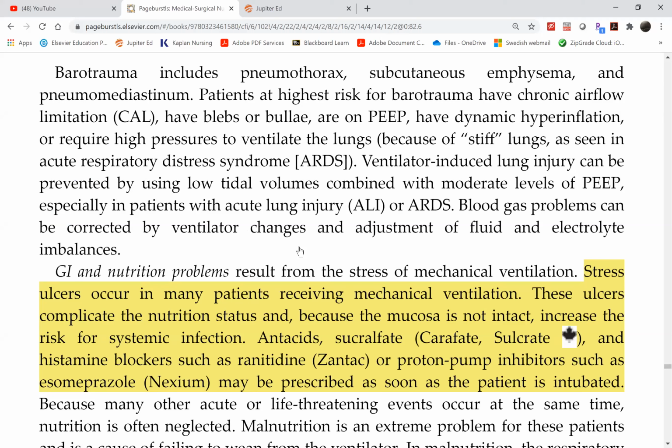Any ICU patient is at risk for what we call stress ulcers or Curling's ulcer. So every ICU patient must receive proton pump inhibitors or at least H2 receptor blockers. They have the same action.